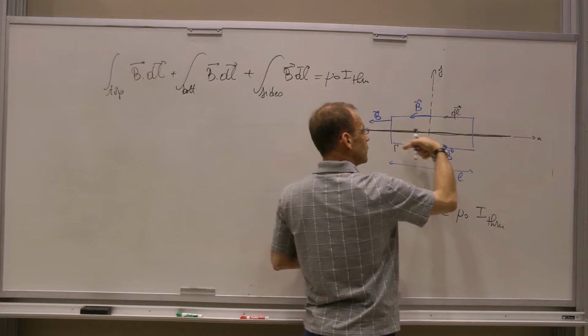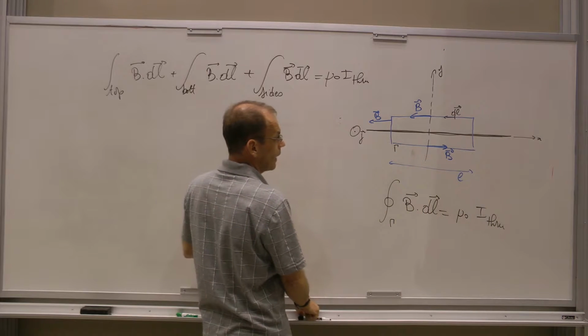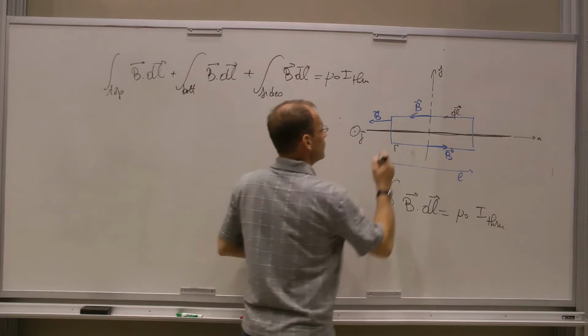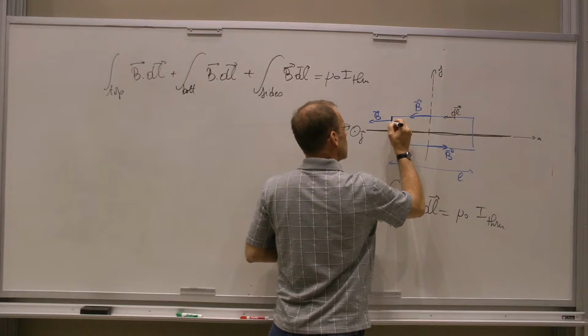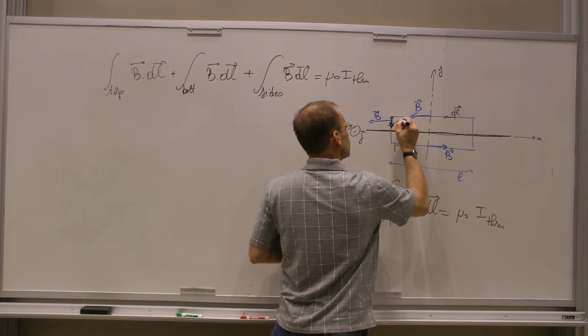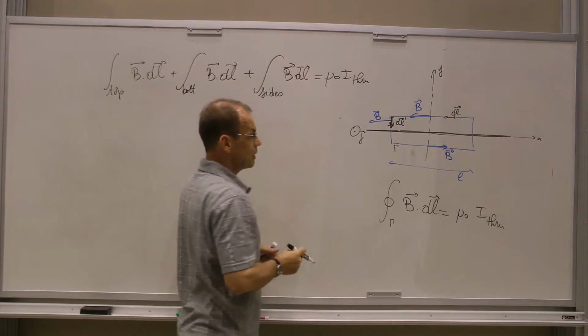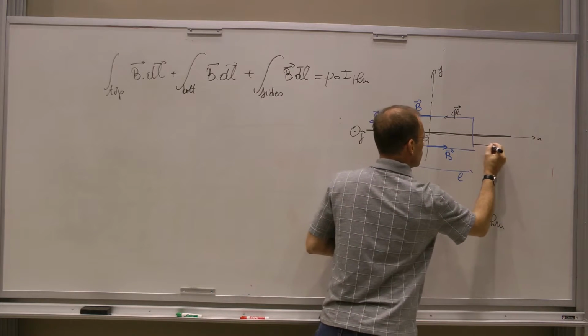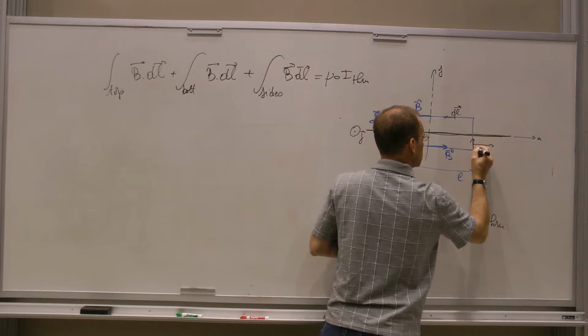That gives me my orientation of dl counterclockwise. So we see that B dot dl at every element along the sides of the circuit is going to be equal to 0, because everywhere B is going to be perpendicular to that element dl.